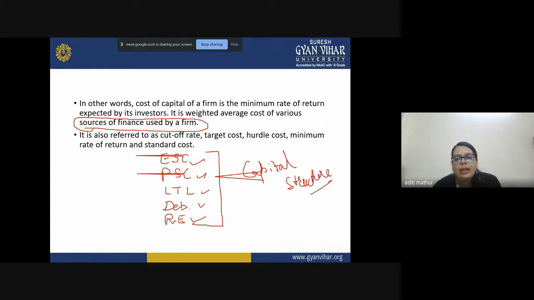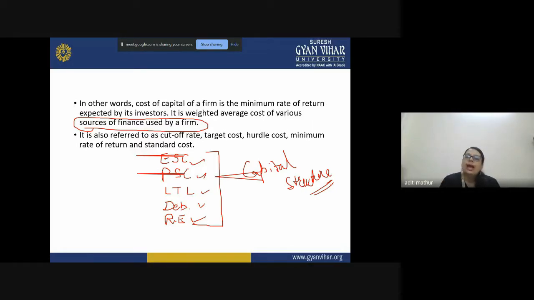structure. So we are trying to calculate that weighted average cost, which is what? Which is that minimum rate of return which an investor is expecting from the investments which he is doing in the company.